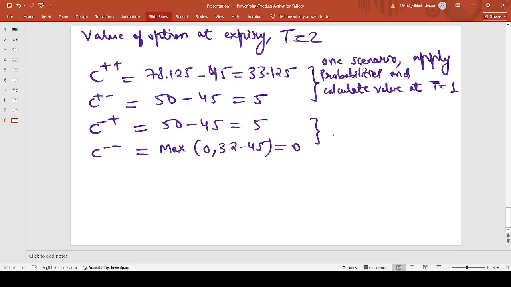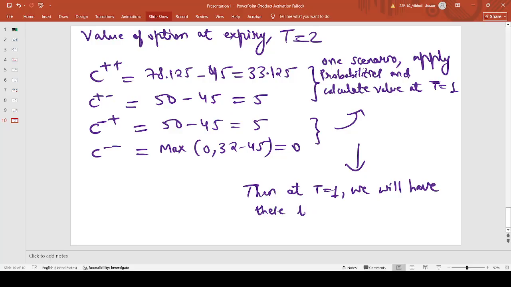Similarly, for this, the same thing will happen. Same thing we will do for this: apply probabilities and calculate value at t is equal to 1. Then at t is equal to 1, we will again have two values, which we have calculated using this step.